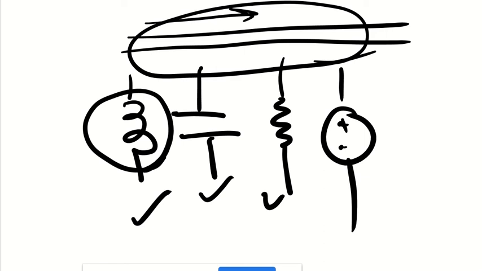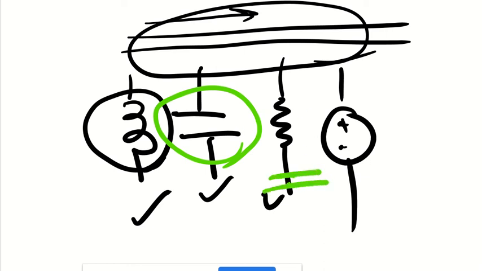The capacitor also acts differently with different frequencies, AC or DC. The resistor doesn't matter, and then there's a voltage DC source. So the wire is the combination of all these elements.